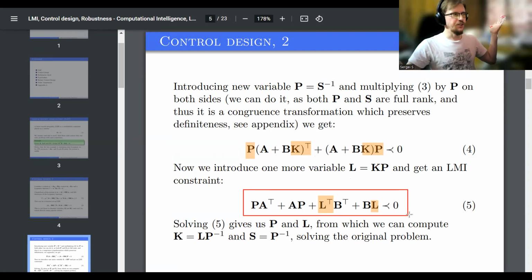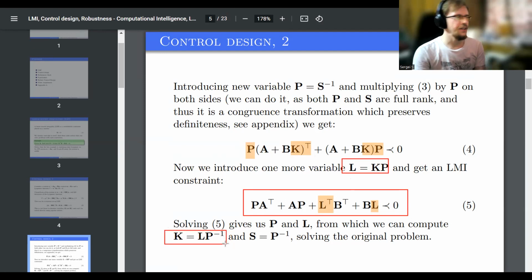So we achieved it. This is control design, and this is how to get a controller. You get it using K equals L P inverse. And we don't need to go back to our original variable S because we're not using it anywhere. We were just using it for the derivation.